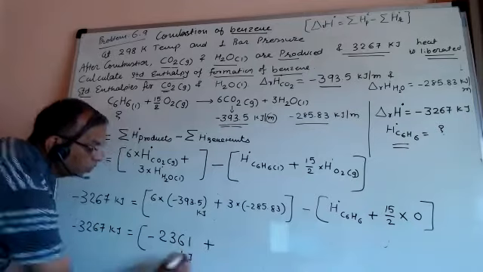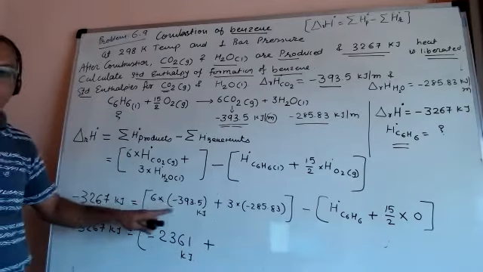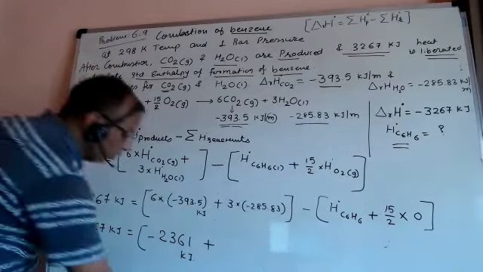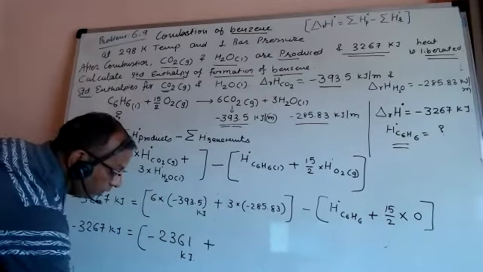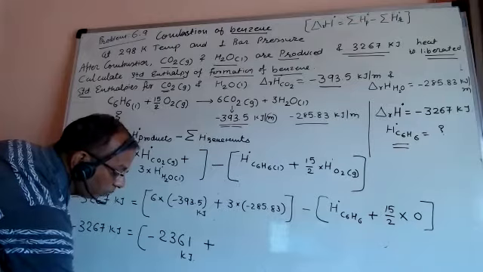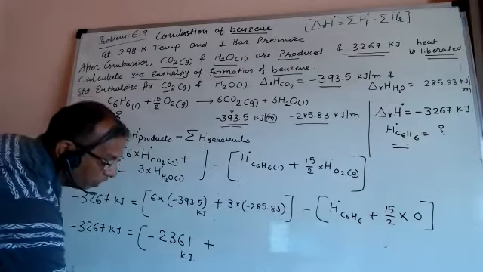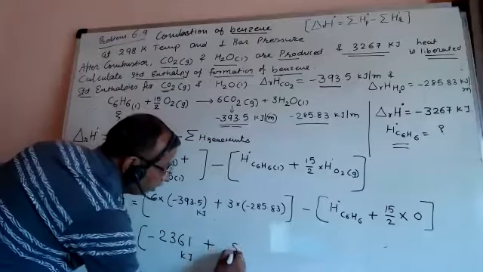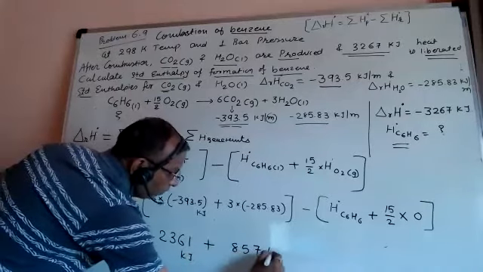This is also kilojoule. Just simple multiplication of 393.5 into 6, you will get this answer. And if you multiply 285.83 by 3, you will get the answer 857.49.